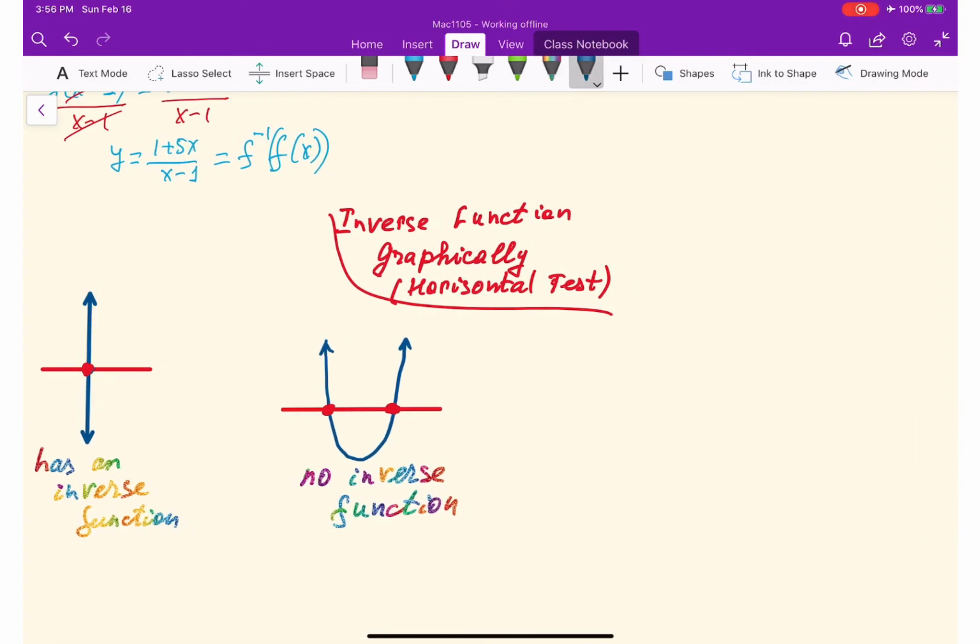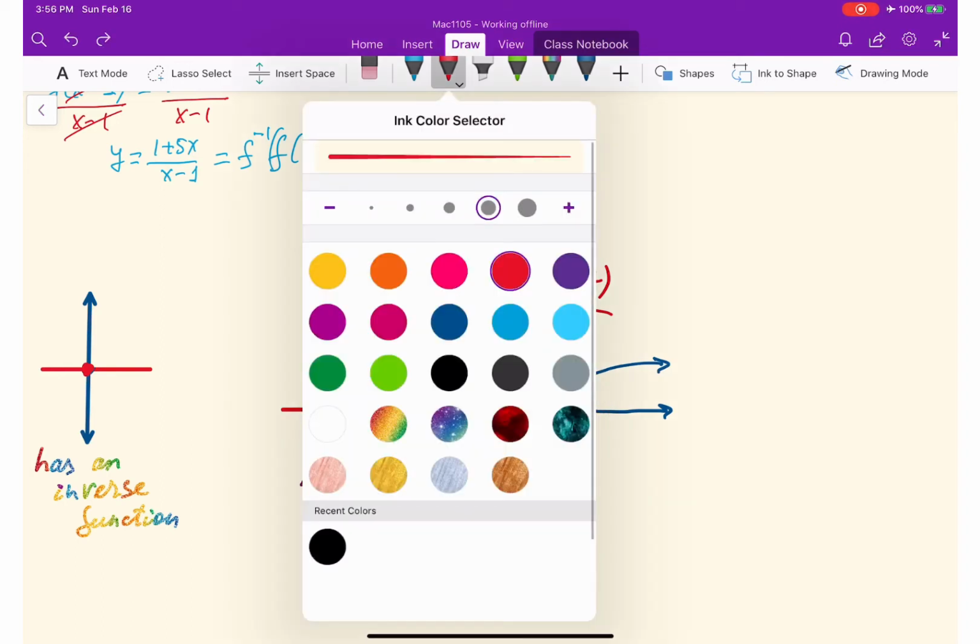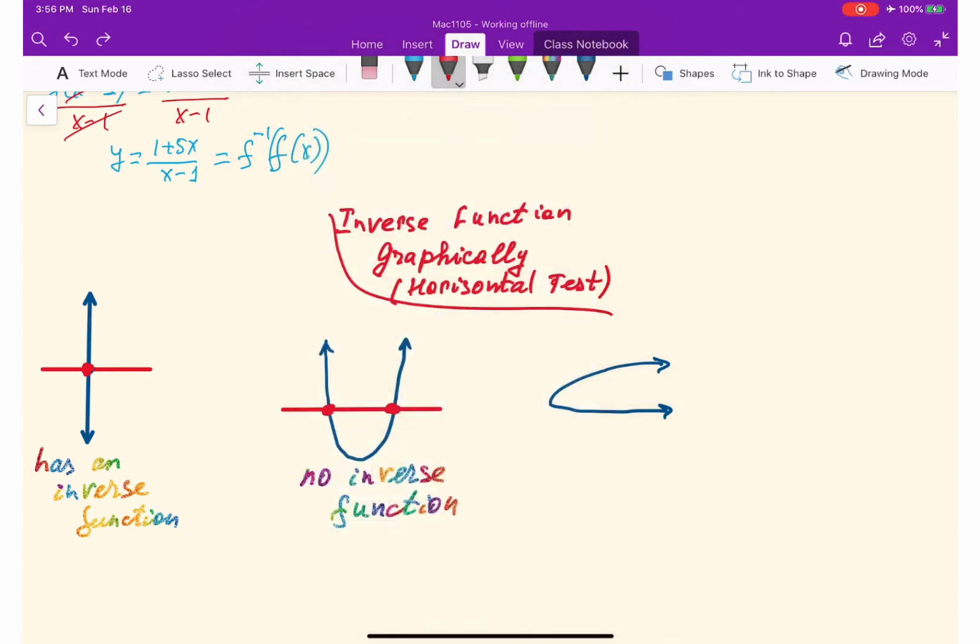But if my graph would look like this, then this graph would still not have an inverse function, right? I'm sorry, I am providing a vertical line, it's supposed to be horizontal.